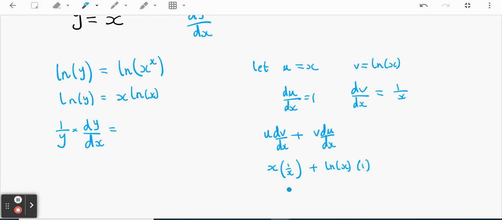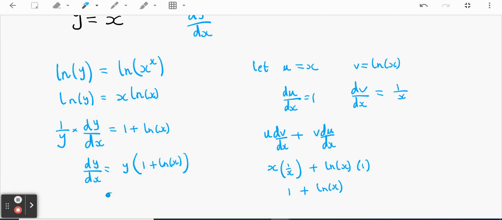Simplifying, we get x times 1 over x, which is just 1, plus ln of x. So we end up with 1 plus ln of x. Then getting dy/dx by itself, we get that dy/dx is equal to y lots of 1 plus ln of x.